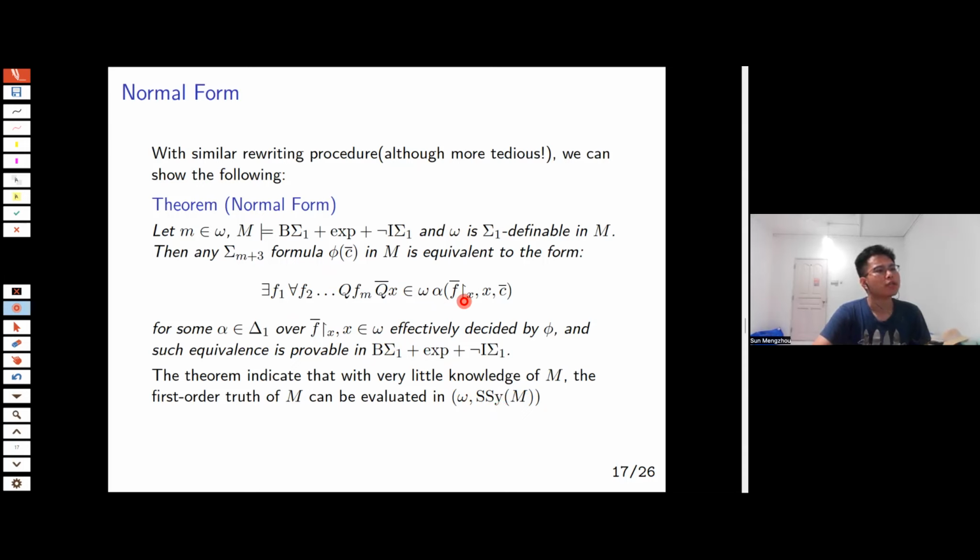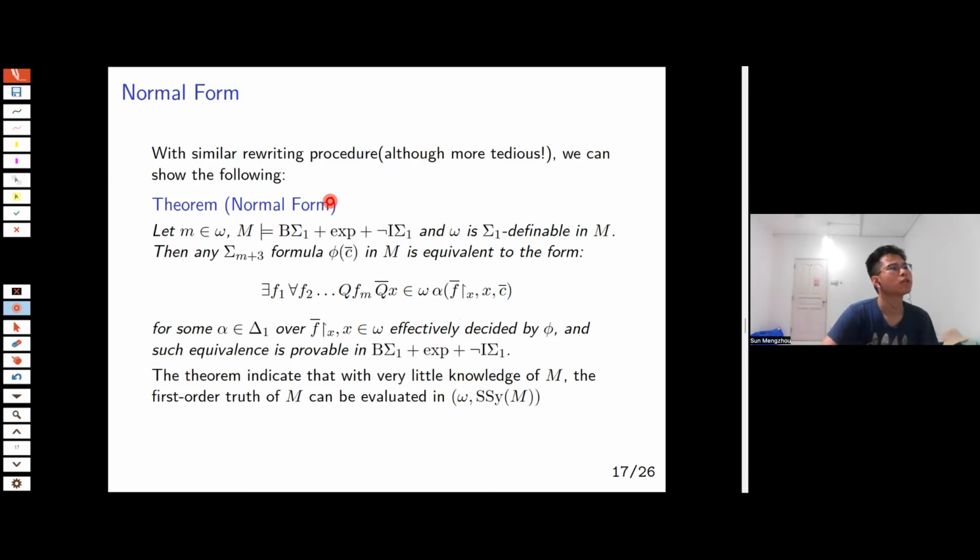Also I want to mention that if we fix a parameter C here, then by the Friedman-Morat coding lemma we can take the code of this alpha. And if we replace the codes by the corresponding second order objects in the standard system of M, then this becomes a real second order formula inside this structure. So that's the meaning of saying that we can describe what is happening in the first order theory of M inside the second order structure.